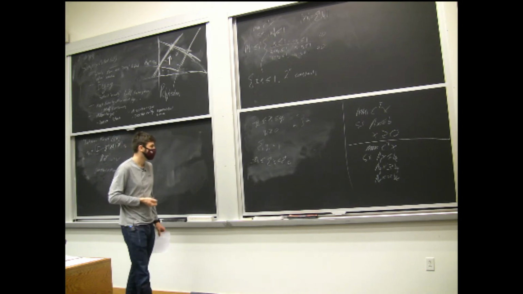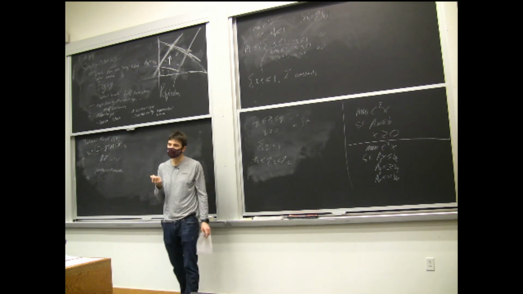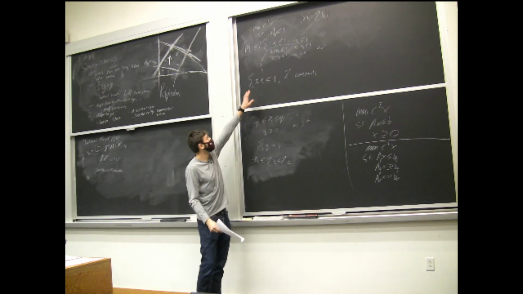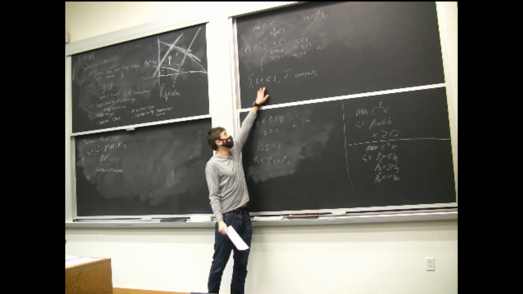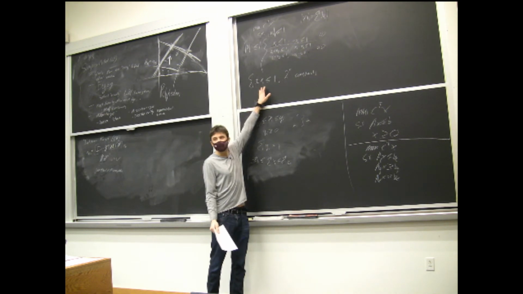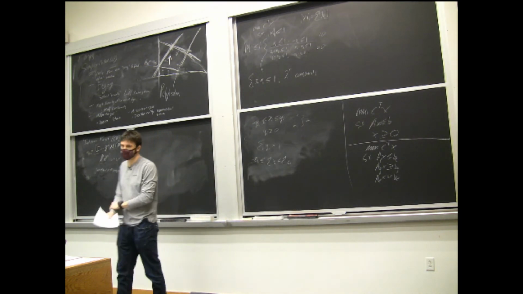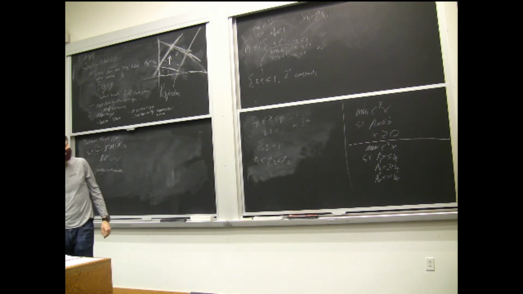So what have we done? For the exact same constraint, I wanted a one norm constraint, and writing it down took 2 to the n constraints. But that's bad.